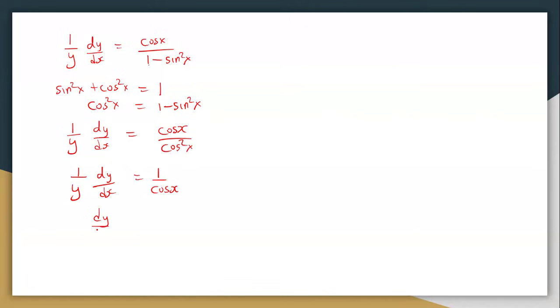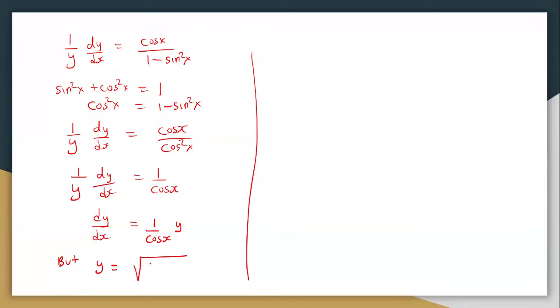So we shall say that dy dx will equal 1 out of cos of x, but times y. Then we go back and pick our y, because we know what our y was equal to. Our y was the square root of 1 plus sine of x into 1 minus sine of x.